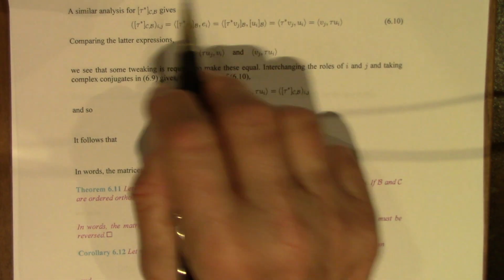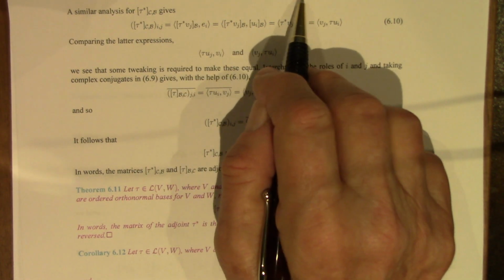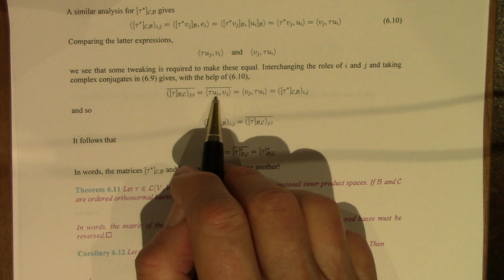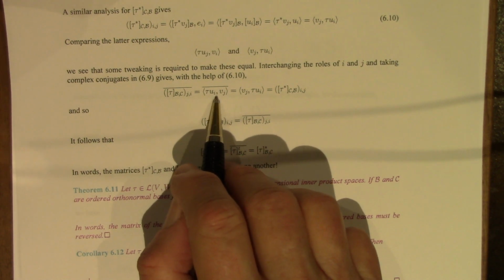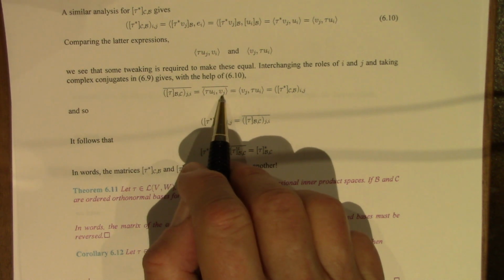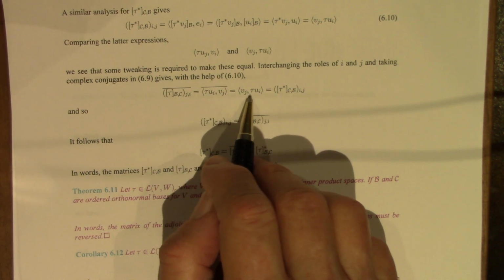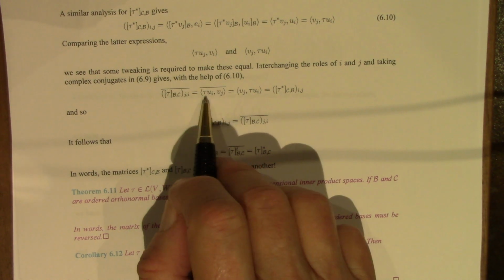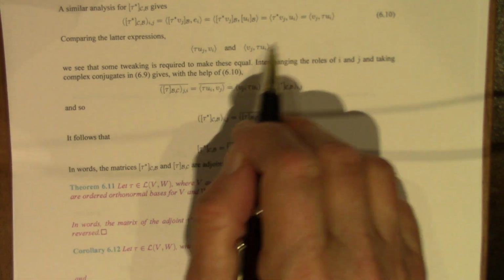So to get the jith entry, you would reverse these, you reverse them here. So you get tau ui vj. Now, the bar over this, by conjugate symmetry, means you can drop the bar if you swap the components. So you get this. So that is the second one.